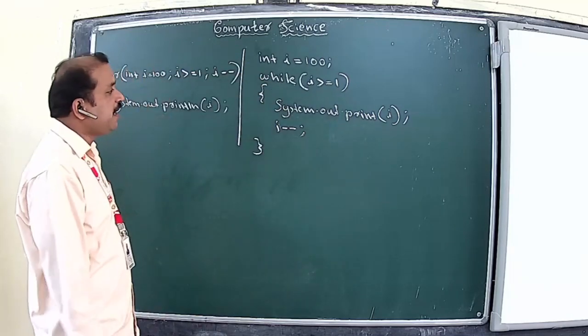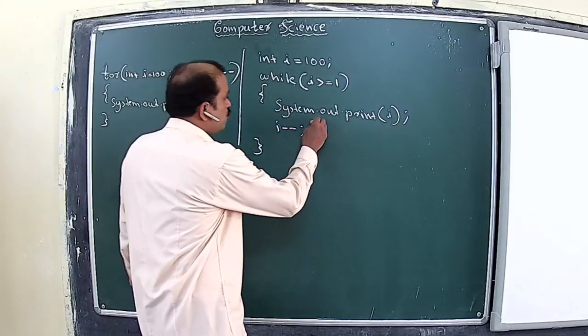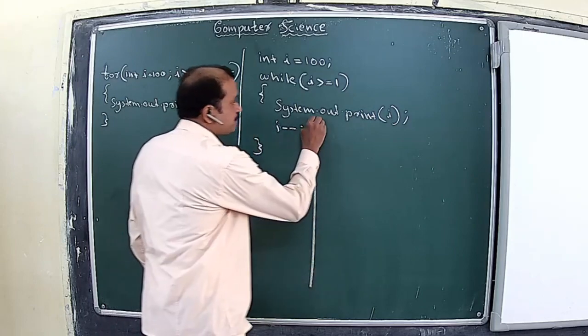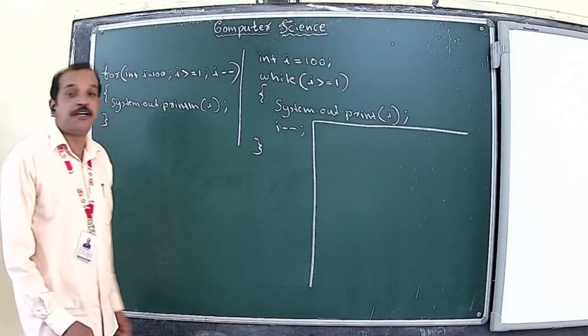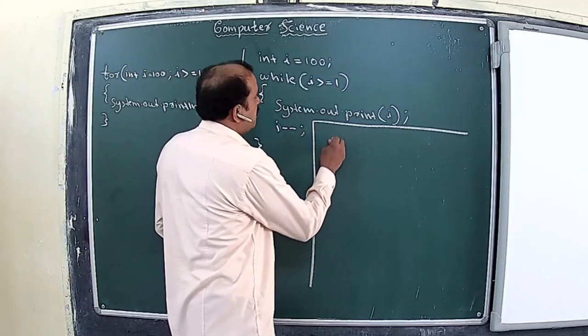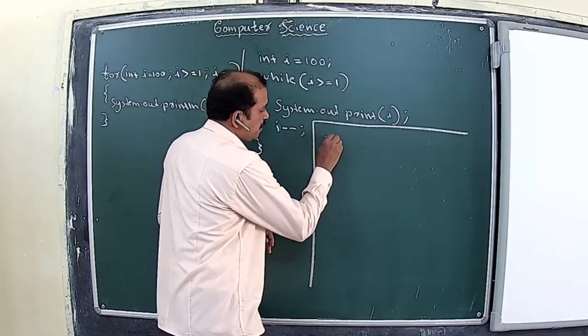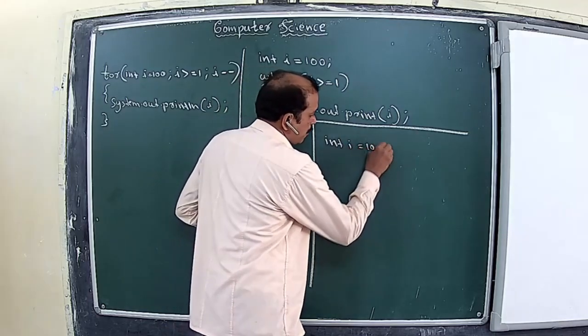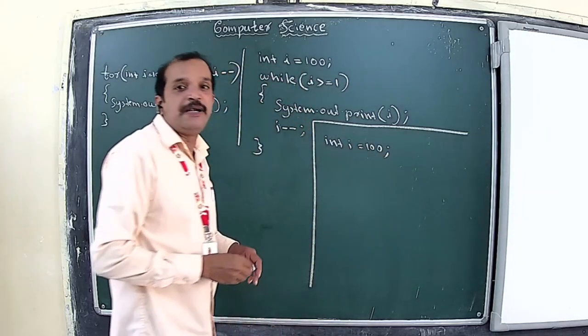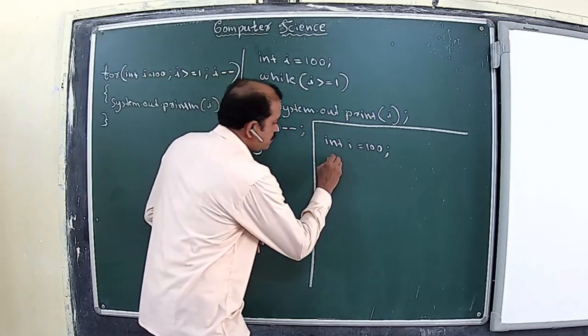And now we will see how it can be done with a do while loop. When this same loop is to be converted to a do while, this is how it can be done. Even in a do while, the declaration and initialization of the loop control variable will be done before the loop.